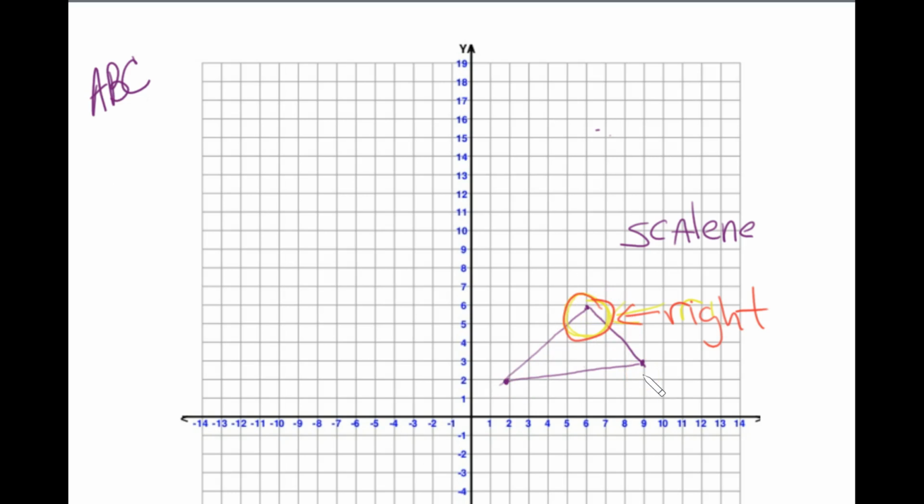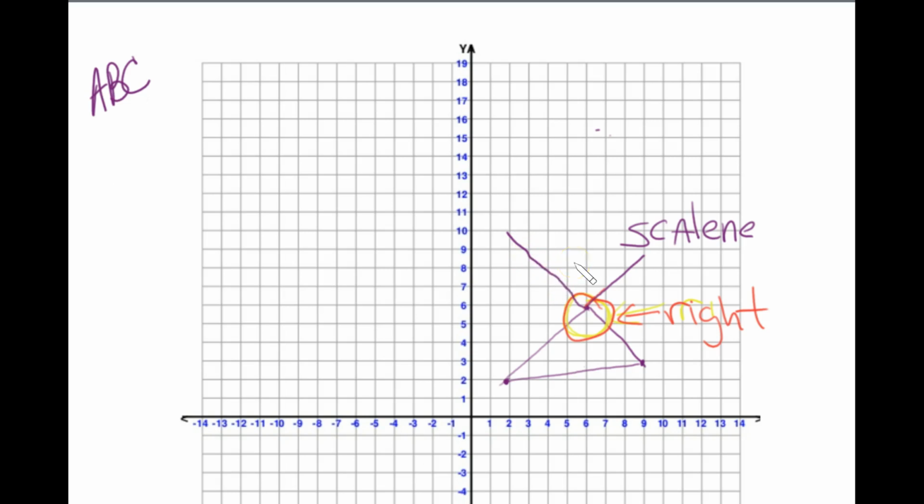And how else might I know that it's a right angle? Well, because we talked about perpendicular lines. Even if I were to extend this out, because if you notice it has a rise of 1 over 1. So let's say I took these lines and extended them out, and looked at these two lines.